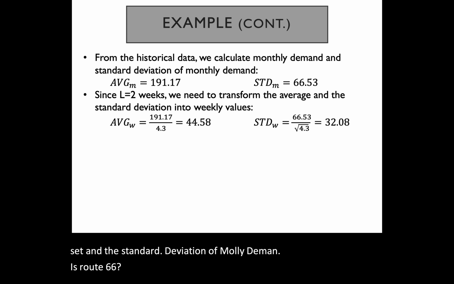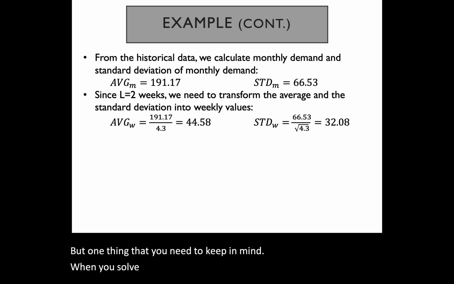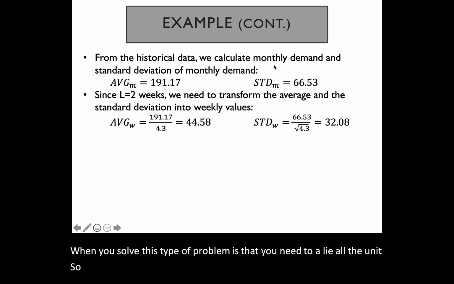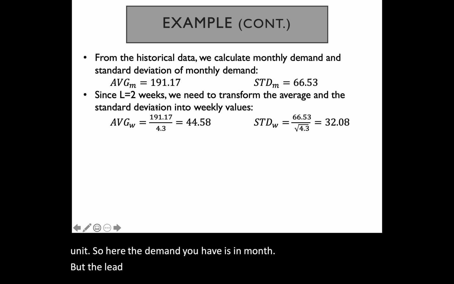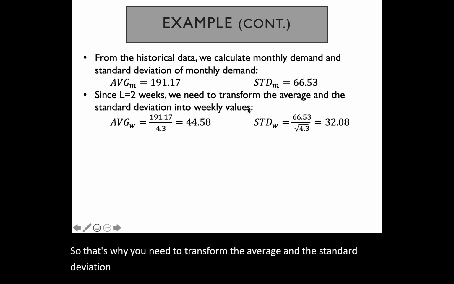But one thing that you need to keep in mind when you solve this type of problem is that you need to align all the units. Here, the demand you have is in months, but the lead time is in weeks. So that's why you need to transform the average and the standard deviation into weekly values.